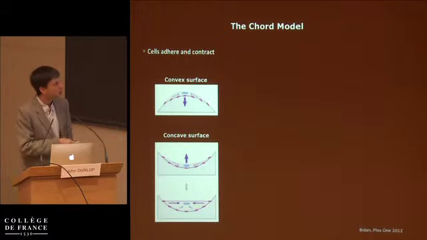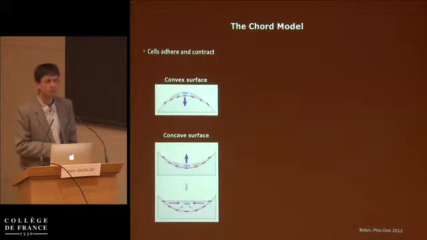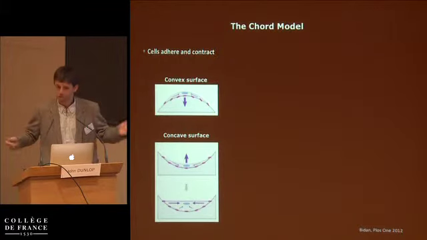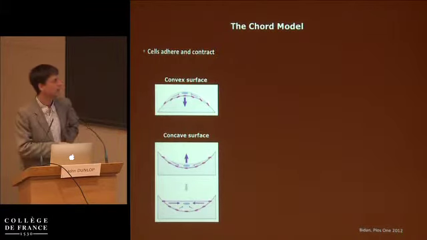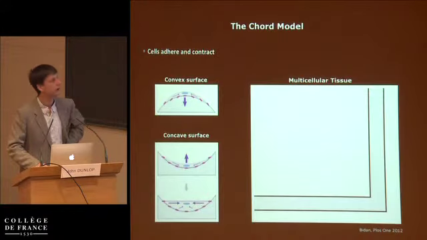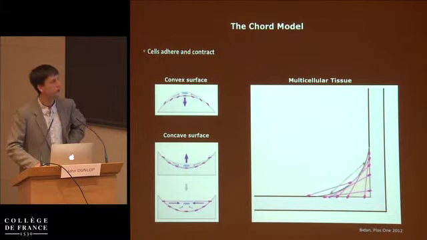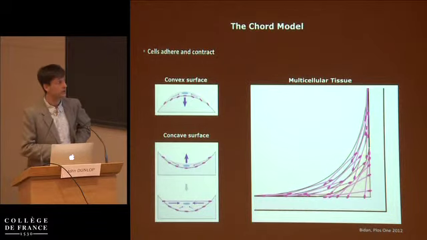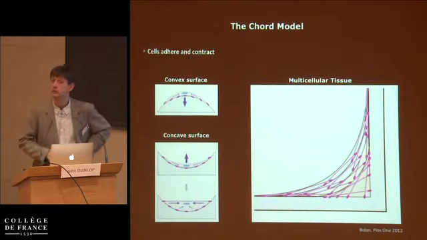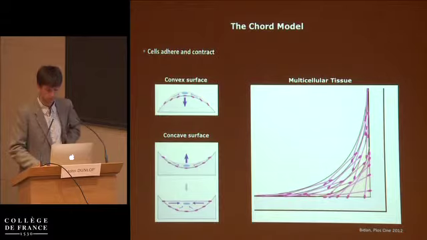So this chord model is basically to say, okay, one approximates a cell or an object, a cell attached to a fibre or whatever, as a straight line. And when one starts placing that on a corner, for example, you see that you start filling in the corner, and interestingly, you fill it in at a rate which is proportional to the local curvature.